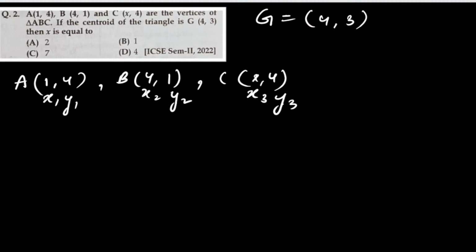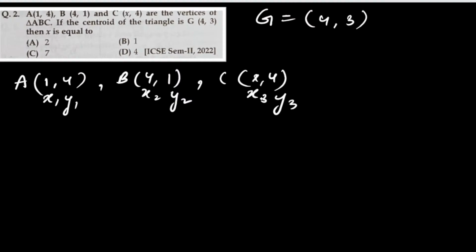So the coordinates of point A are 1, 4, point B is 4, 1, point C is x, 4, and they have also given us the coordinates of the centroid, 4, 3. A's coordinates we can write as x1 y1, B's as x2 y2, and C's as x3 y3.